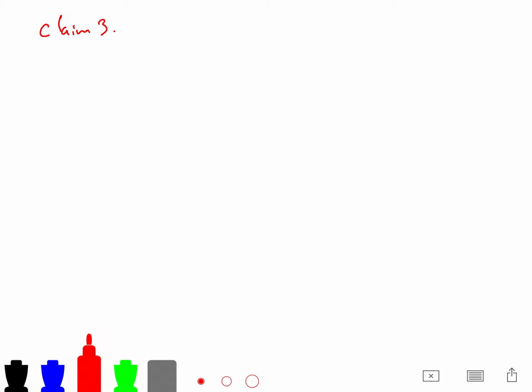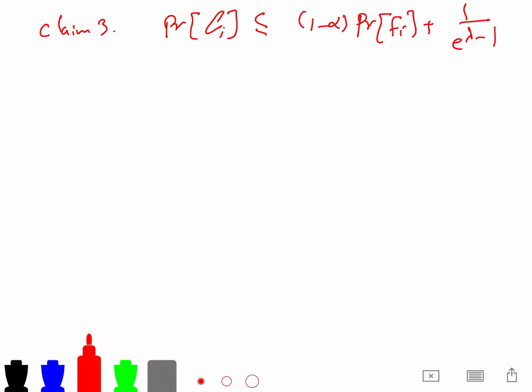I should mention that in claim 3, for every i, probability of Ci is less than or equal to 1 minus alpha times probability of Fi plus 1 over e to the lambda minus 1. And we bound the probability that the ball B is cut, so the probability of the union of Ci's.